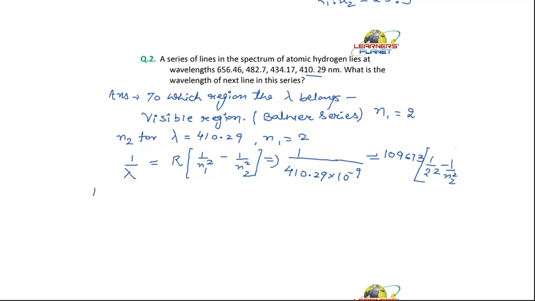So this will be 1 divided by 410.29 multiplied by 10 to the power minus 9 multiplied by 1.096 into 10 to the power 7, and that is equal to 1 by 4 minus 1 by n2 square.